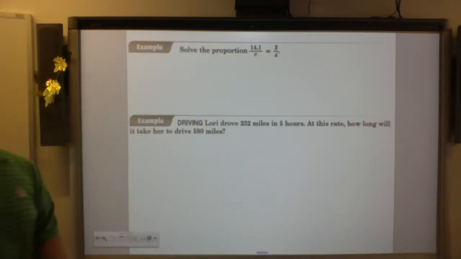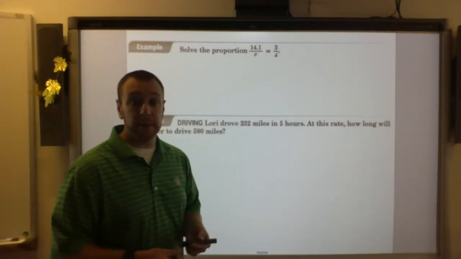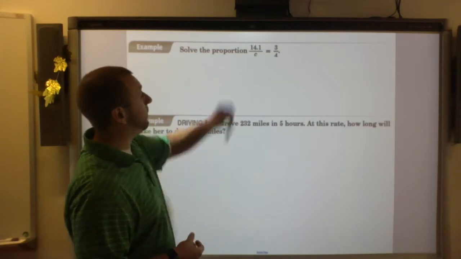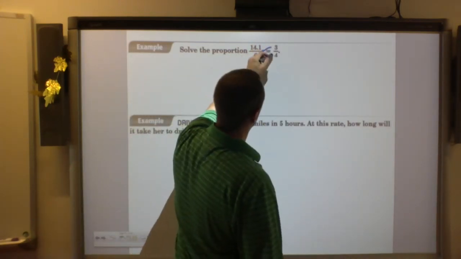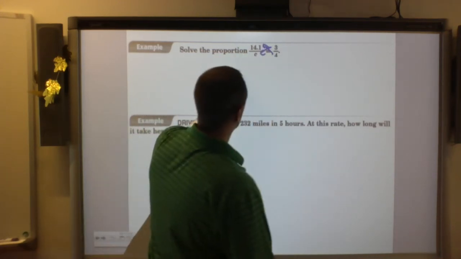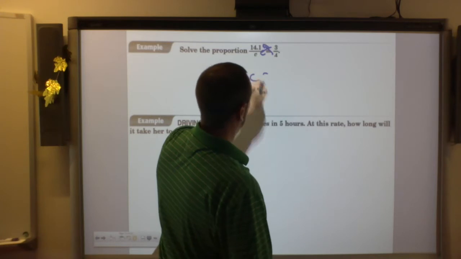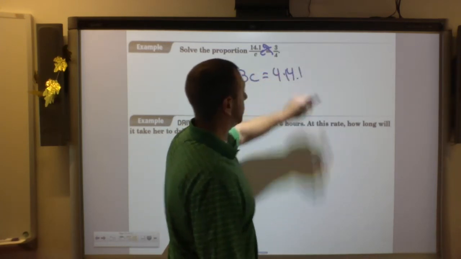So, using that equation, or that expression, you might remember this back. But if I'm going to solve this proportion, all I do is I do 3 times C and 4 times 14.1. What I get is 3C equals 4 times 14.1.